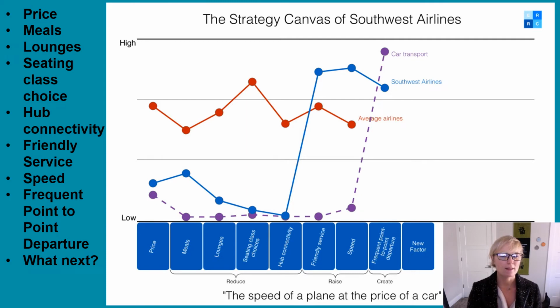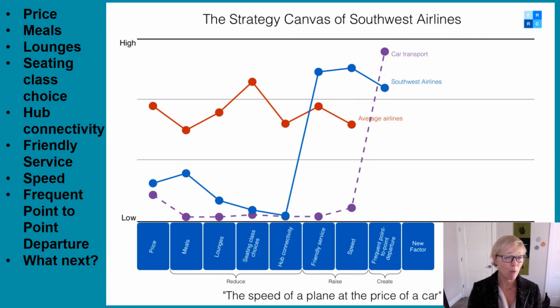So the axis across the bottom there, the horizontal axis, you will see a number of different competition points that include price on the far left, and then meals, lounges, seating class choices, hub connectivity, and friendly service, speed, and frequent point-to-point departure, and then there's also some possible new factor listed here that is not yet leveraged.